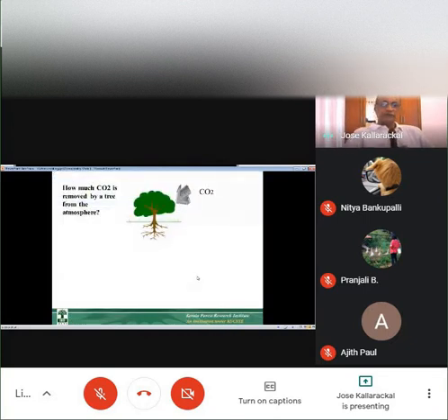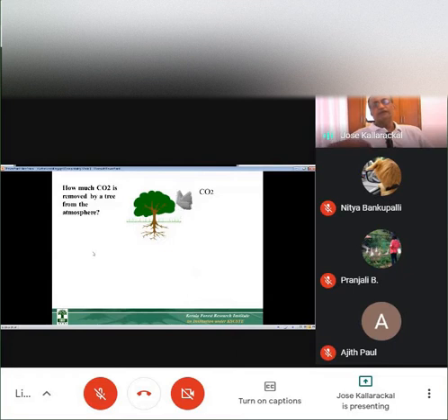Now, in this slide, I am going to explain to you how much CO2 is removed by a tree from the atmosphere. We are talking much about forestry and its ability to sequester carbon dioxide. And I think every year during the World Environment Day, they are saying that we are planting new trees, isn't it? And what for?